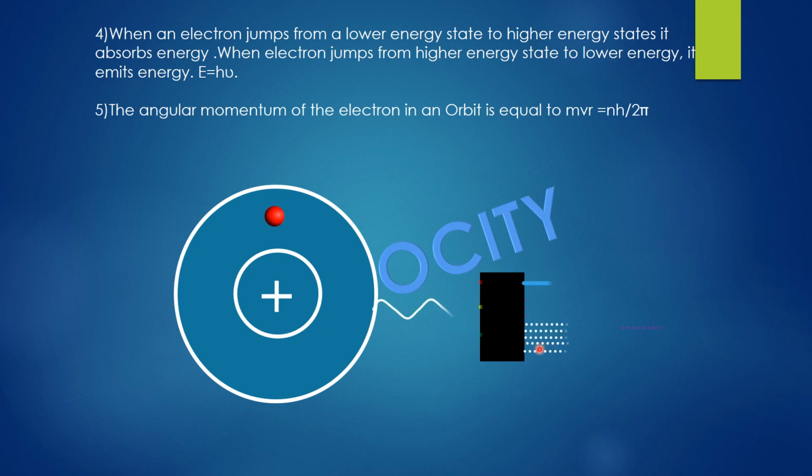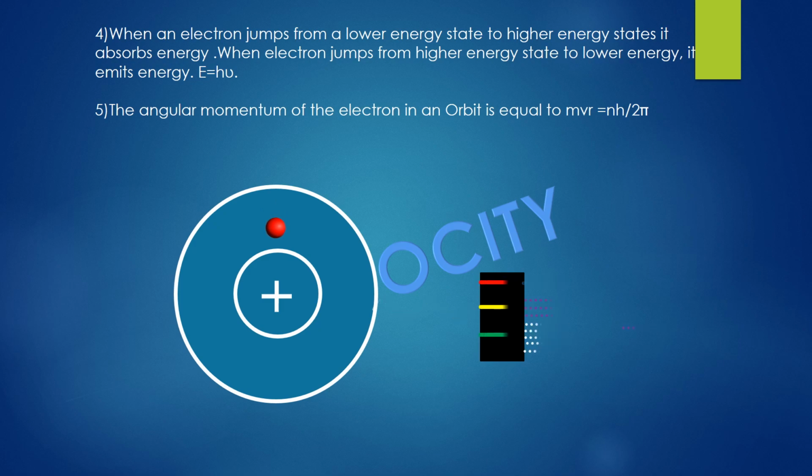So the splitting of spectral lines is the fine spectrum. We call it the fine spectrum. He failed to explain the splitting of spectral lines. So it is one of the limitations of Bohr's atomic model.